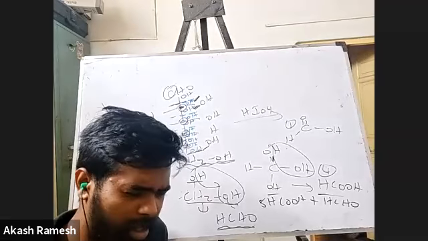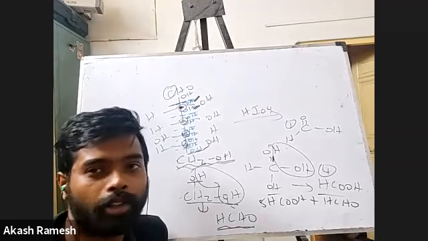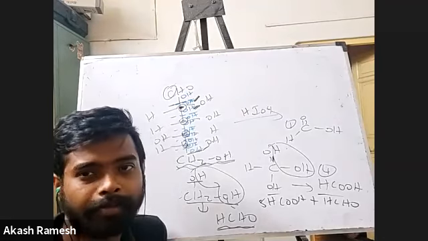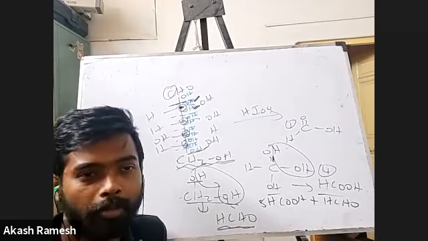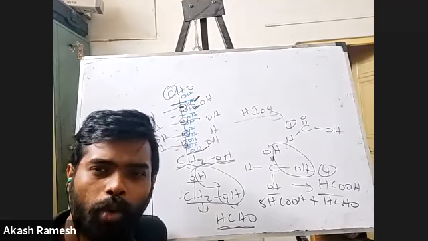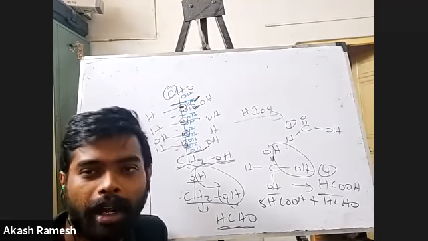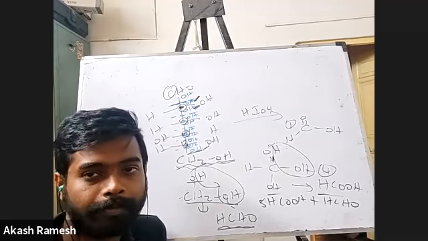Claisen rearrangement. Things like that are there. So all those things we'll see. Very few reactions are left, and we'll directly go for some problem solving. I might take maybe one or two more classes for teaching the theory part, and maybe one class is enough for the entire problem solving.